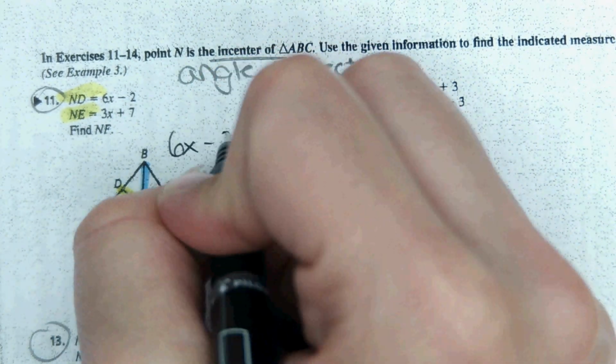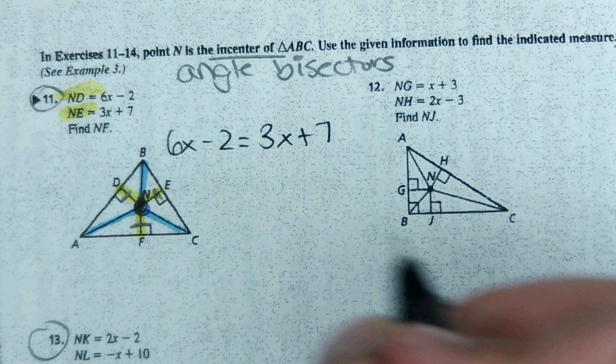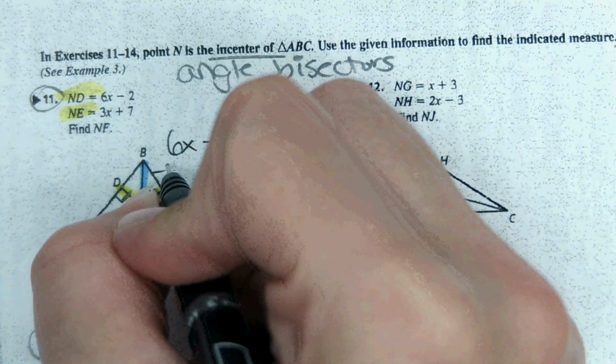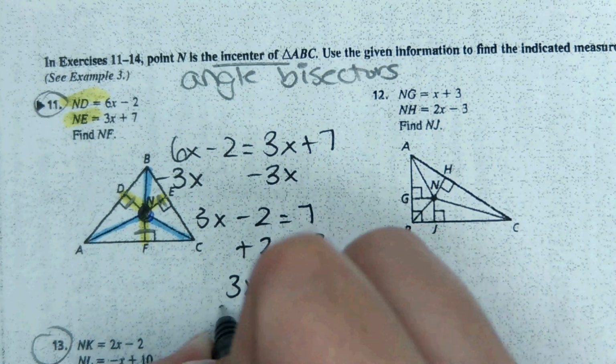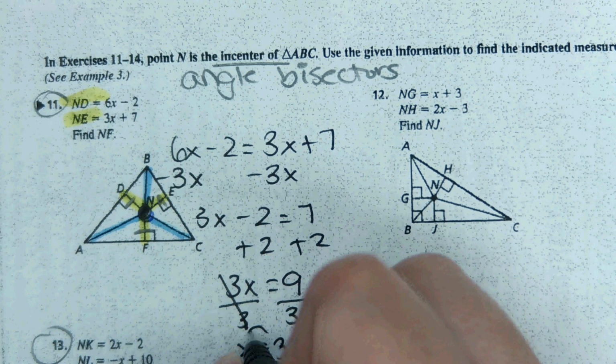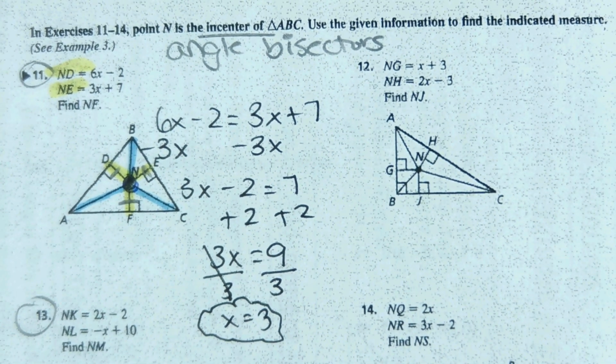So 6x minus 2 equals 3x plus 7, and we can set them equal to solve for x. You get x equals 3.